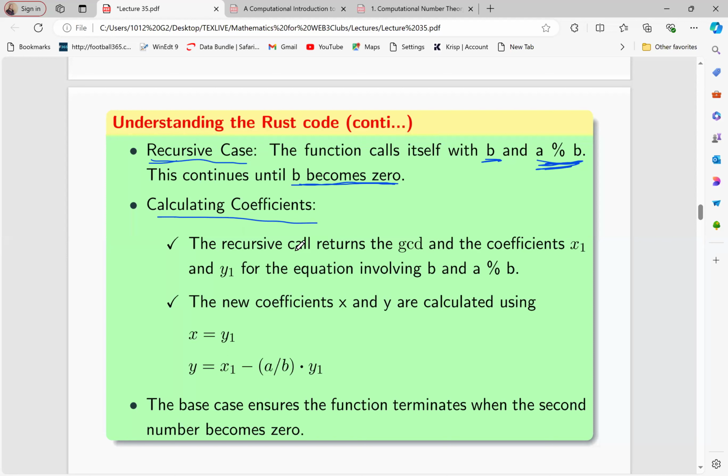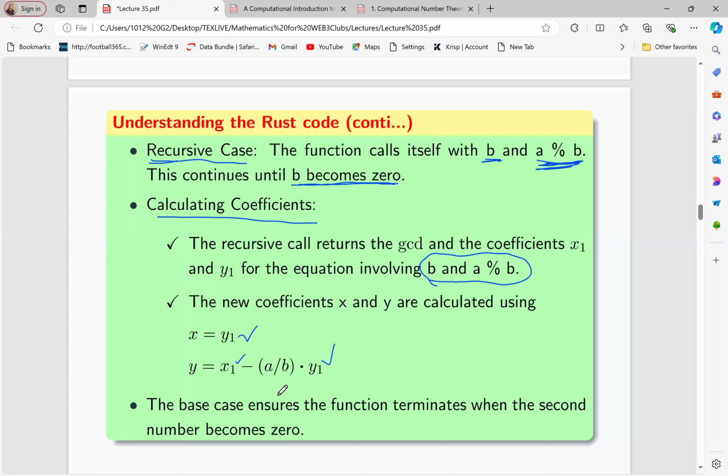So in the recursive case, the recursive call returns the GCD and the coefficients x1 and y1 for the equation that involves b and the remainder of a on division by b, where x will be y1 and y will be x1 minus a divided by b multiplied by y1.